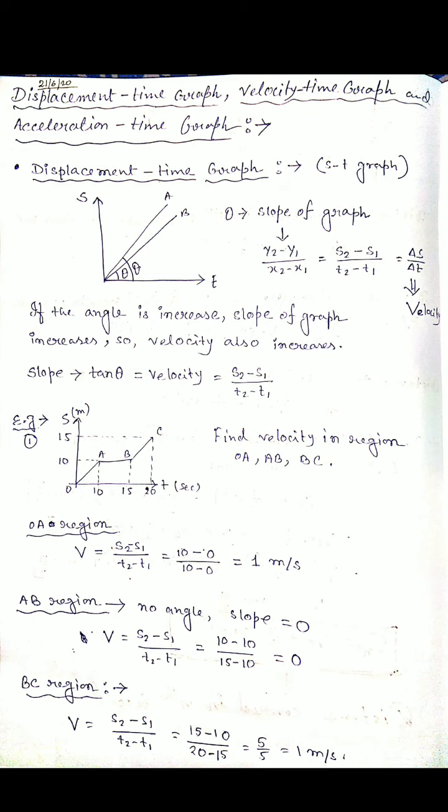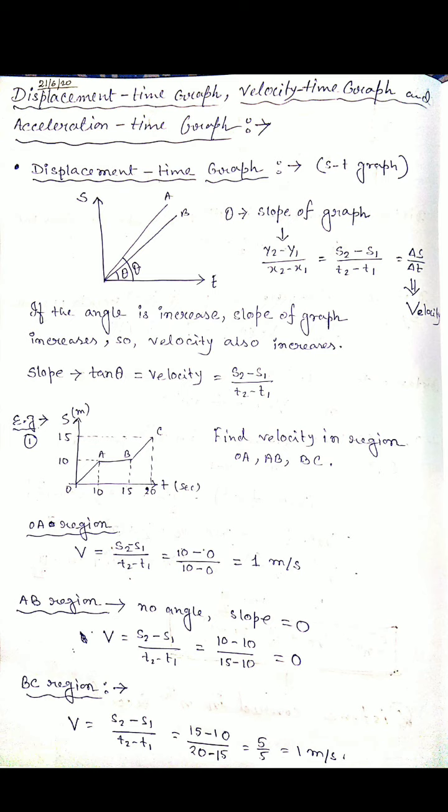So slope is represented by tan theta, because at any point if we draw a tangent, that gives us the slope. So slope equals tan theta, which equals (s2 minus s1) by (t2 minus t1). It gives us del s by del t, which equals velocity. So if theta increases, velocity also increases. Tan theta increases, that means velocity increases. Clear? Now let's take one example.